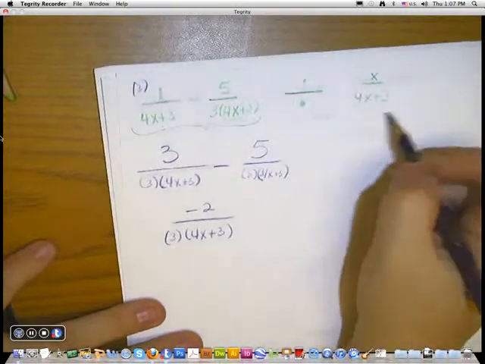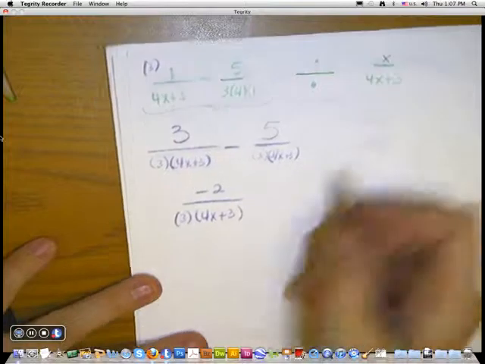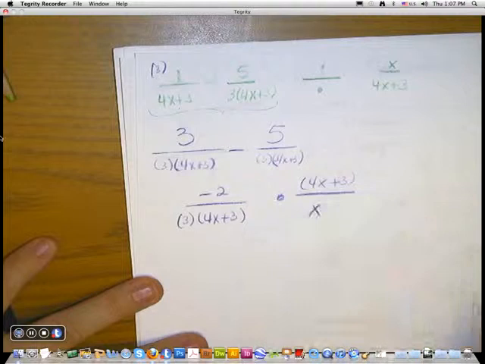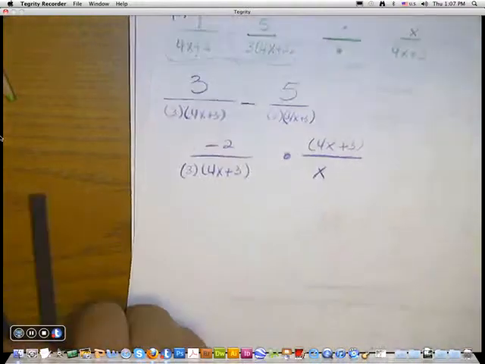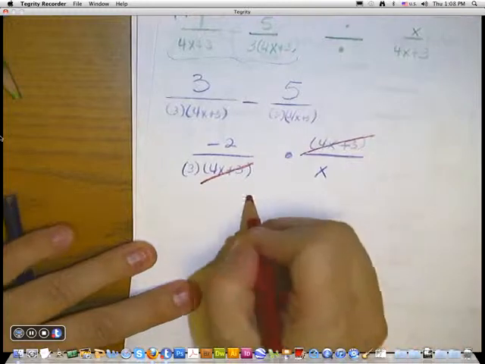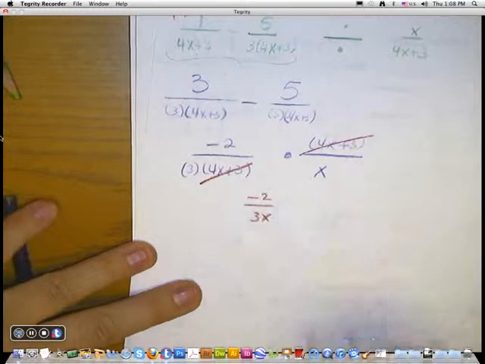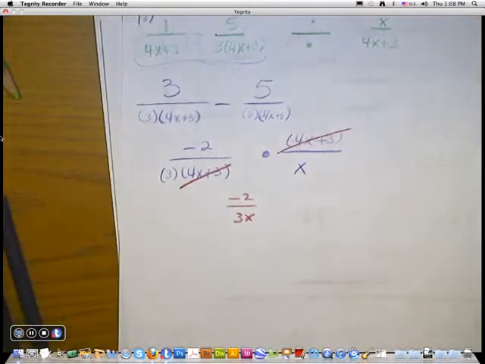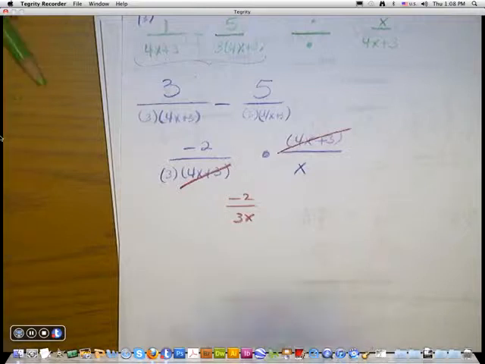On the right-hand side, it's already combined, don't need to do anything, so I'm just going to multiply by the reciprocal. Now I get to cancel out things that are alike. Left over, negative 2 over 3x. It starts off as really big and ugly, turns out to be very tiny and small.